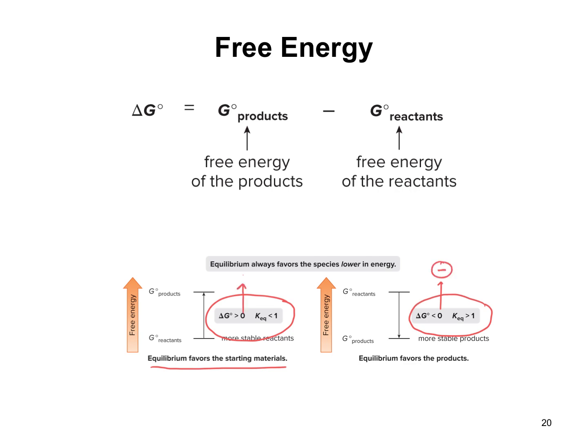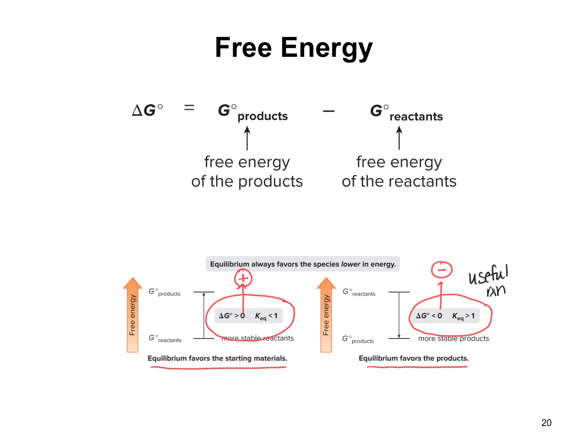Over here, your delta G is positive. We're going to look at those negatives and positives. Then your KEQ is greater than 1, right? And that means that you have more stable products, and equilibrium favors the products. Again, delta G is negative. This is a useful reaction for us, right? We want to make more products at equilibrium.